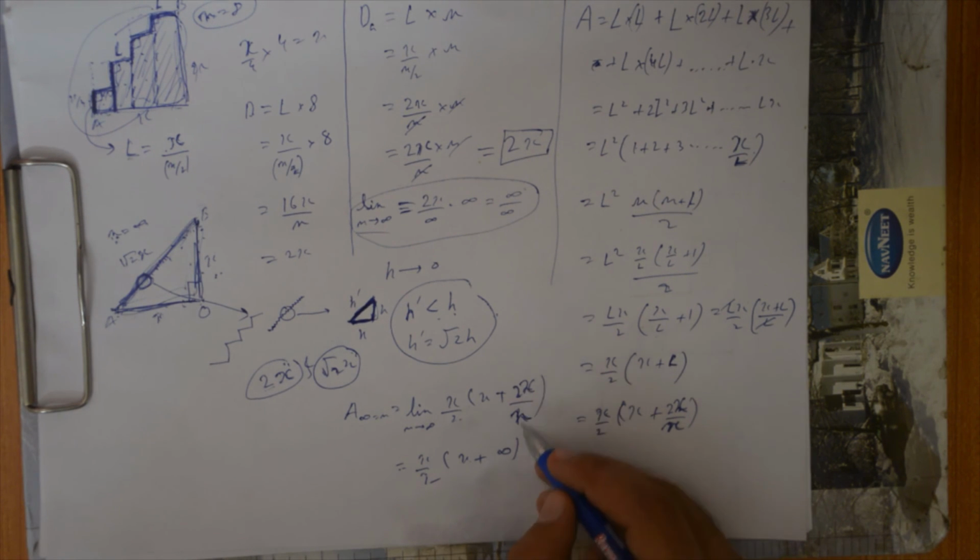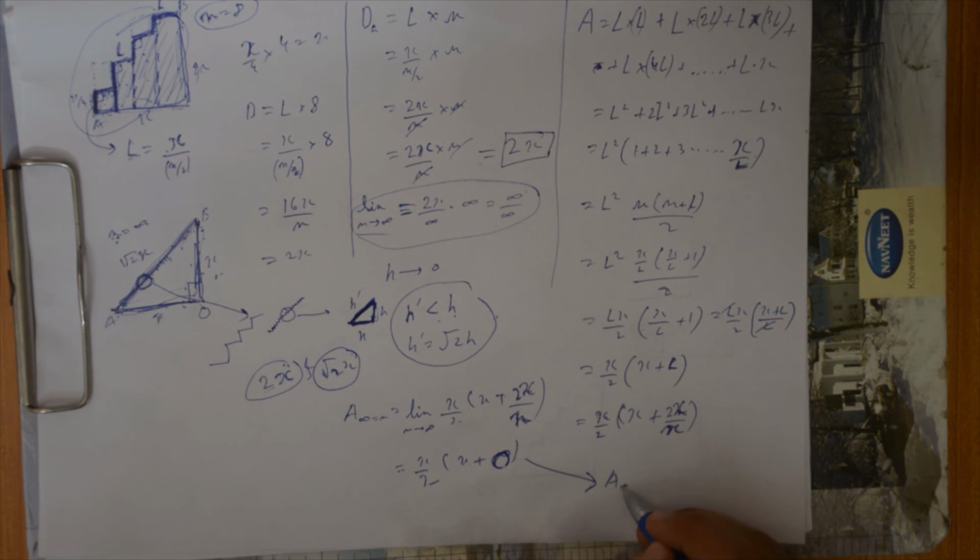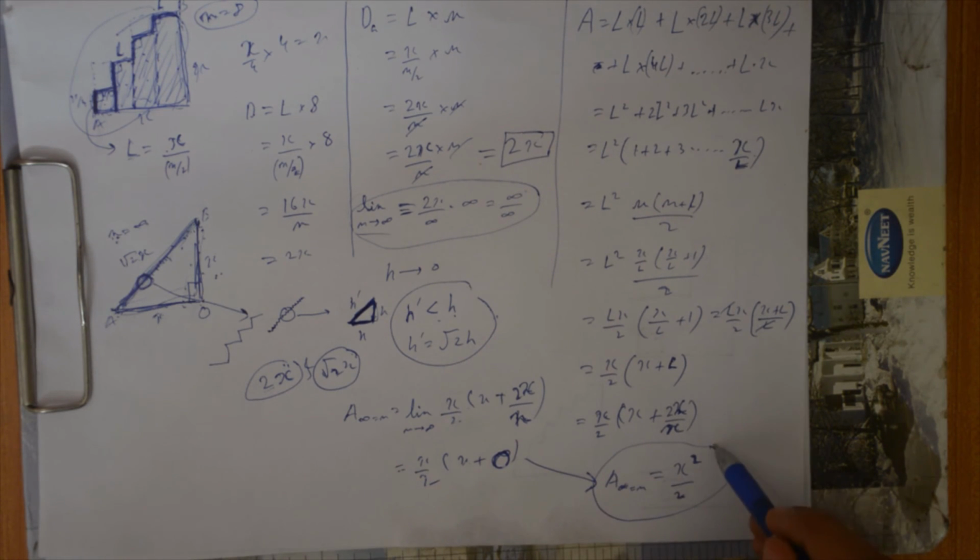Any finite number over infinity would be 0. So this thing, as you can see, comes out to be equal to x square over 2. At n equals infinity, it turns out to be a finite number. The area is a finite number here, and it is not a function of n.